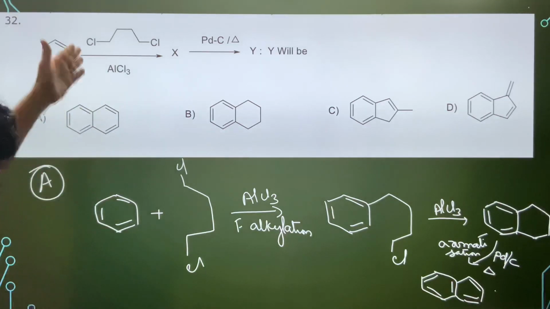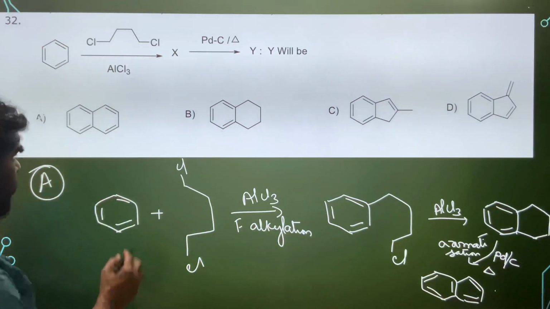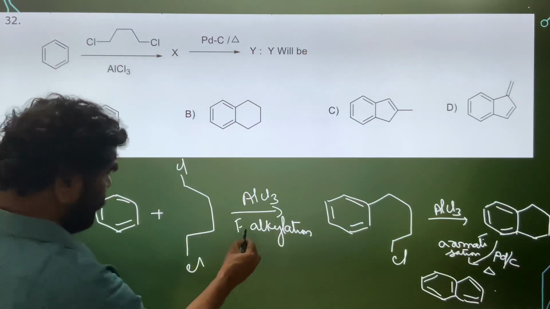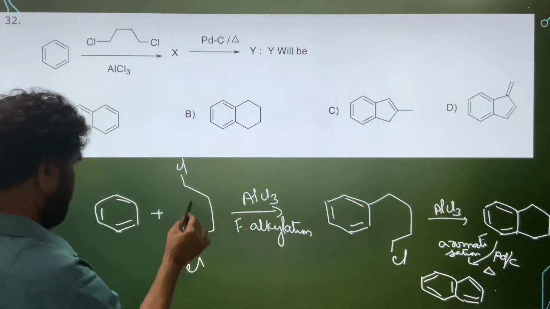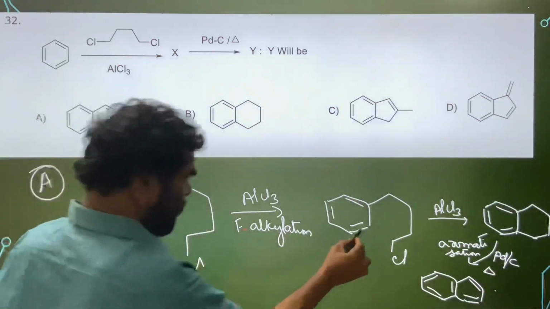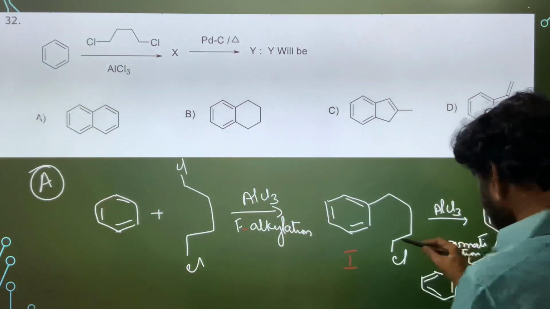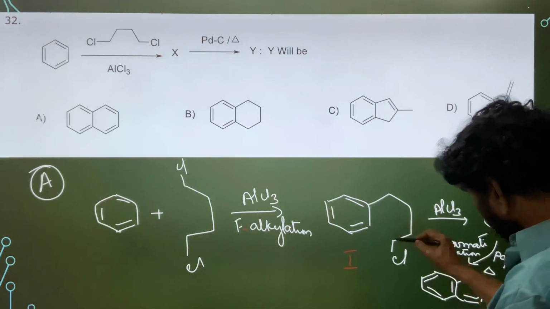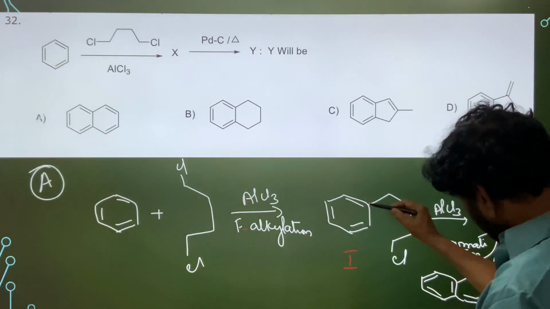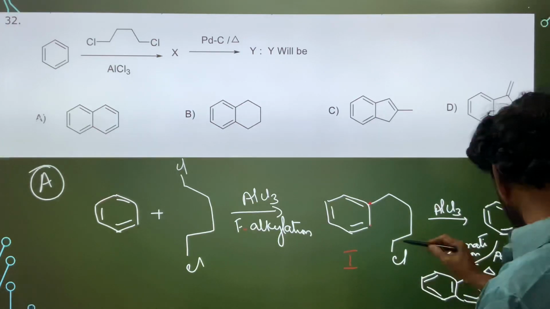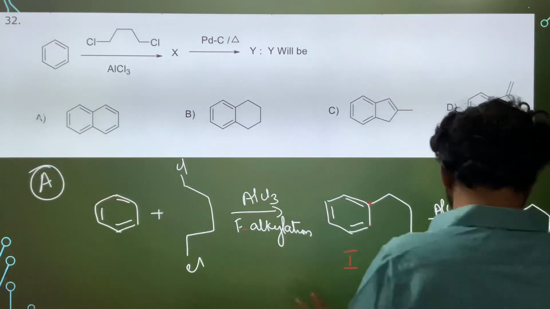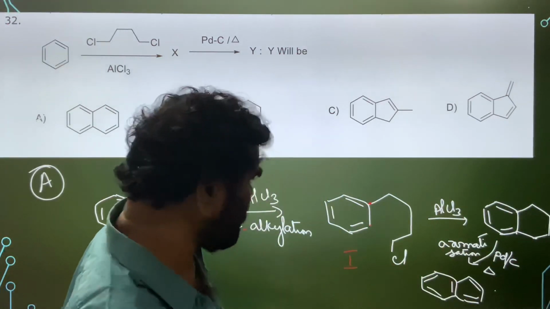The next one is a Friedel-Crafts reaction. Here is Friedel-Crafts alkylation. This is the carbocation. This is the first product. Further it reacts with AlCl3 and converts into a 6-member ring. This is an ortho-para directing group. Next the substitution takes place here, and this is formed. Here palladium on carbon is given.